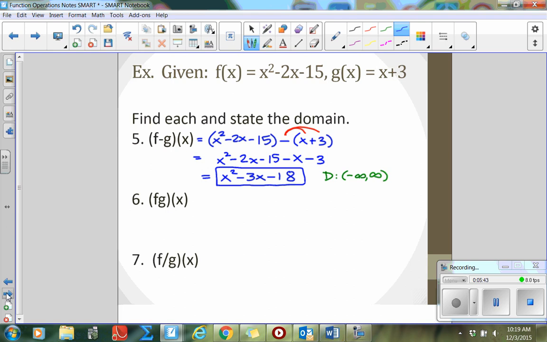Next, we multiply the two functions. And since multiplication is commutative, I'm going to put the binomial at the front. That doesn't have to be done, it's just my preference. I'll distribute the x, and I'll distribute the 3.